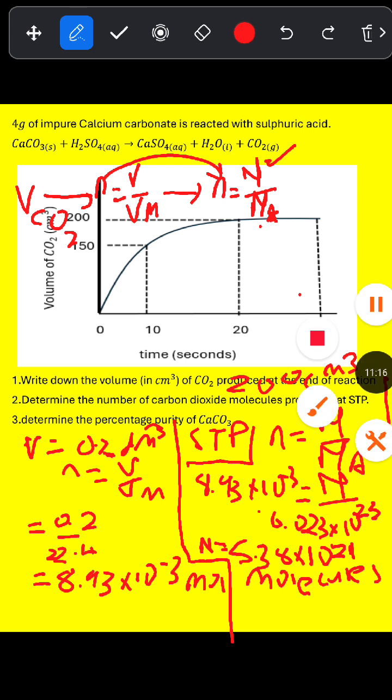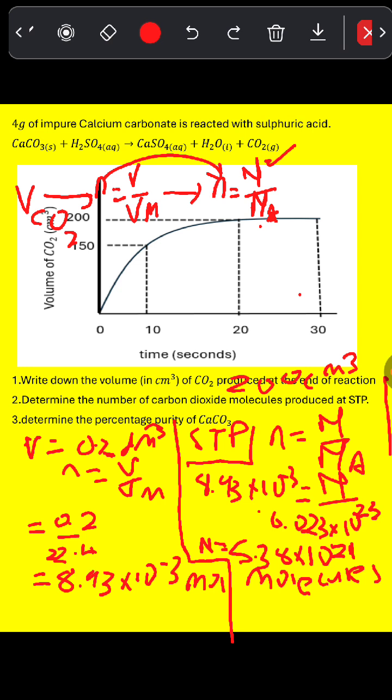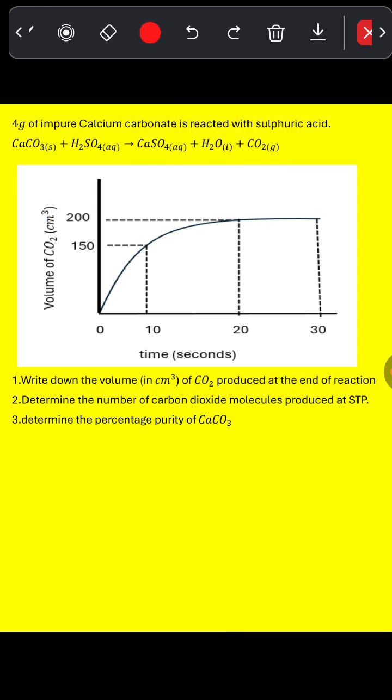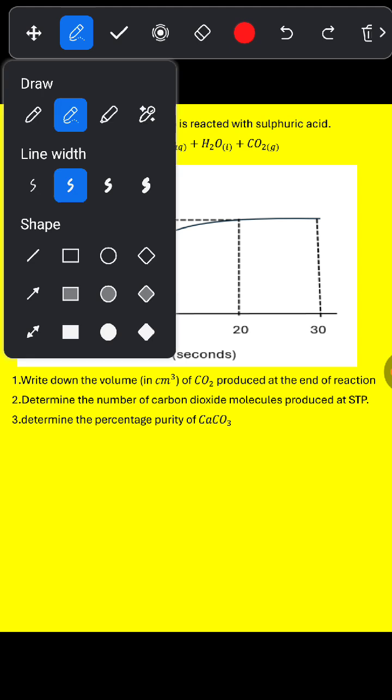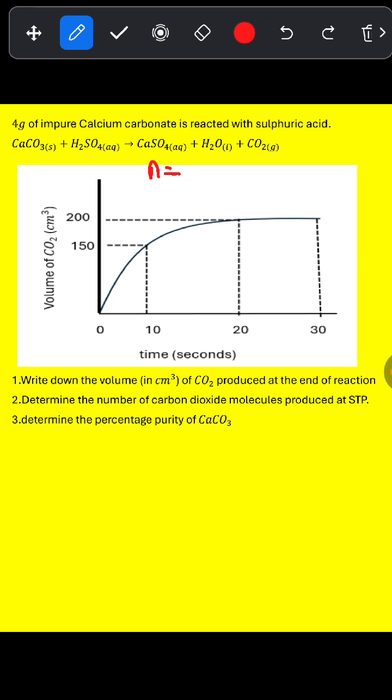So remember the number of moles that we calculated. The number of moles of carbon dioxide that we calculated was 8.93 times 10 to the power negative 3 mole of carbon dioxide.